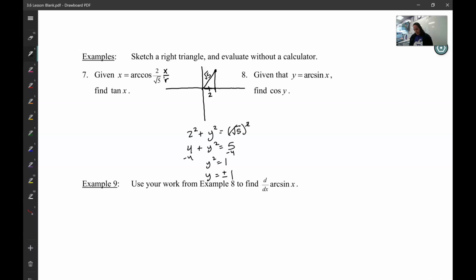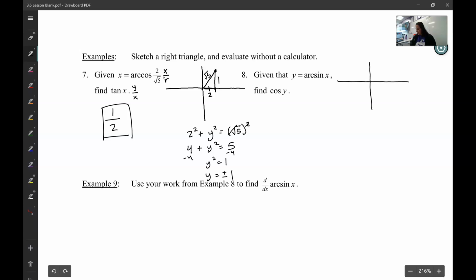But this is in the positive direction, so it's going to be positive 1. So now that I've completely filled out my triangle, now I can find tangent of x. Remember, tangent is y over x. So my y value is 1. My x value is 2. Done.